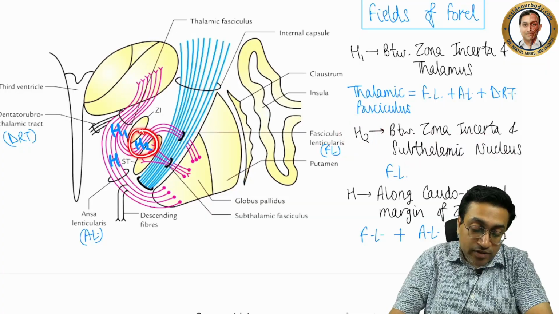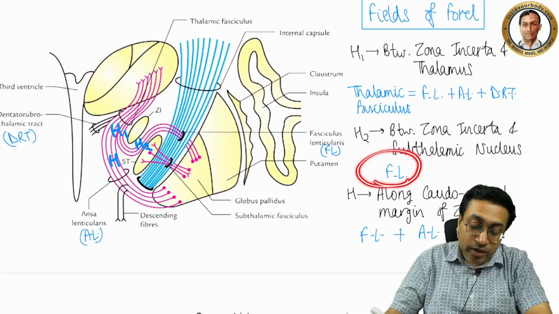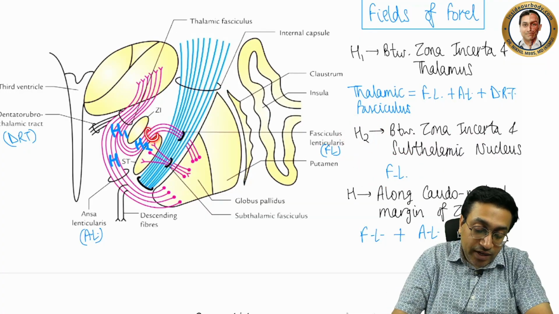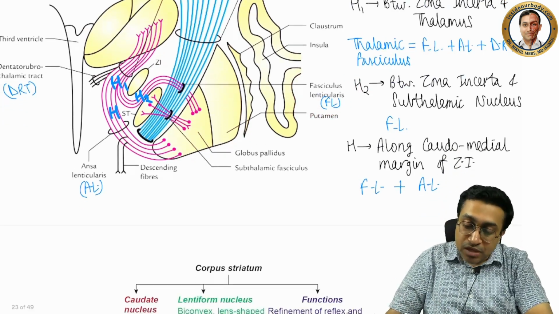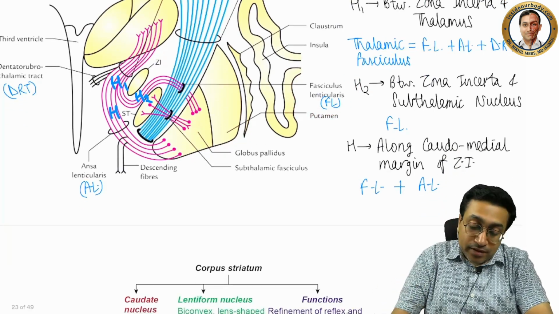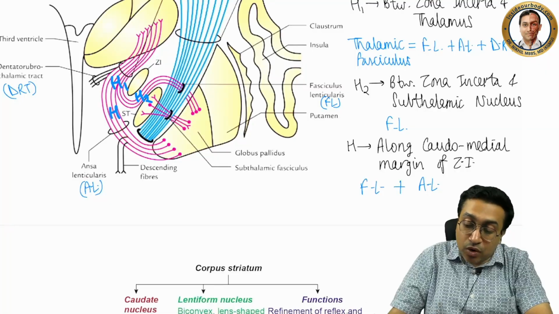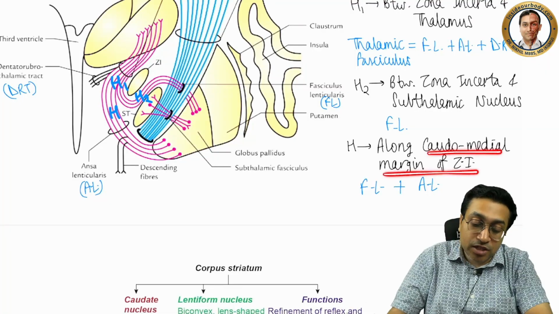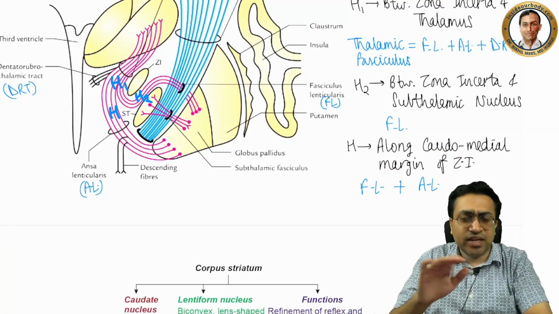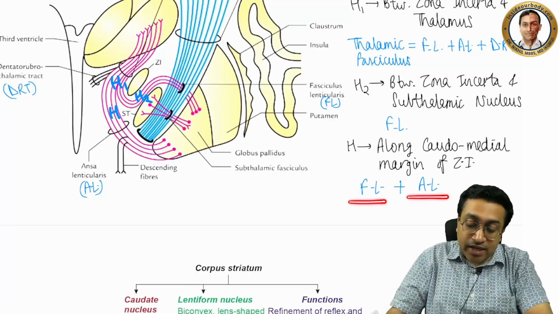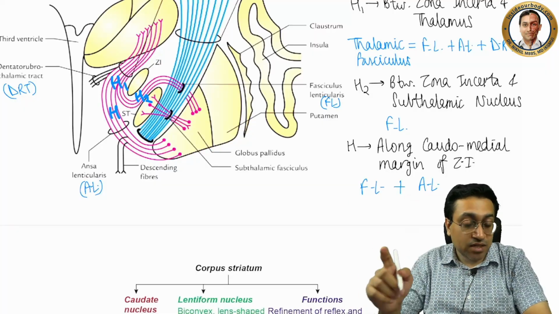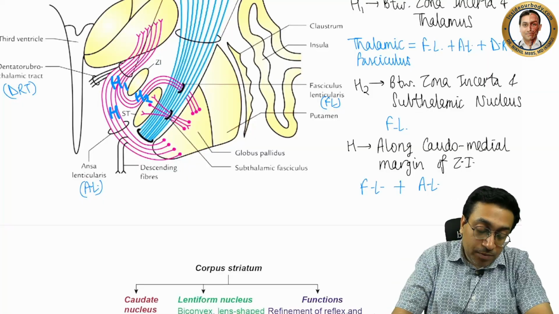So this one is the H2 zone, which has only the one, that is the fasciculus lenticularis, this one FL. Then you have this H zone which is along the caudomedial margin of the zona incerta. This is again extra information, don't need to panic. FL plus AL, that is fasciculus lenticularis plus ansa lenticularis. Both of these are present in this H zone.